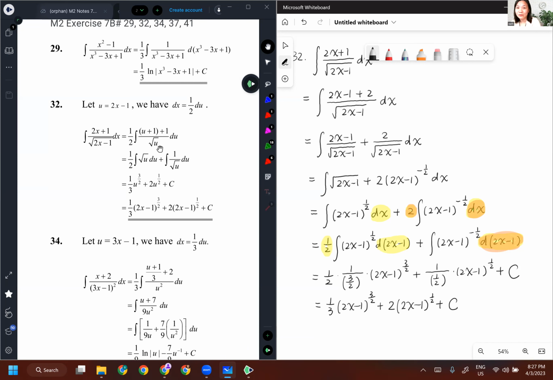If you can do the substitution completely, that's better. I'm not saying you're wrong. It's just not ideal to present it that way. You see the suggested answer, there's no mixture of u and x. That's 32.